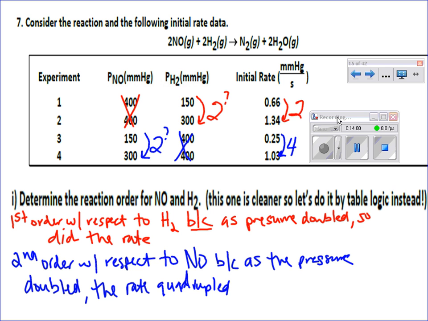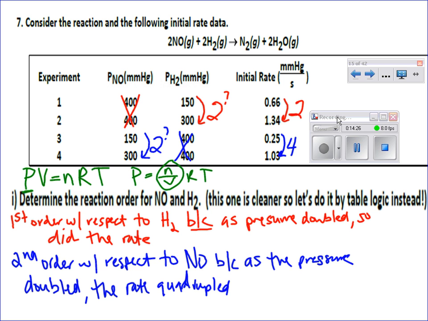Okay, so why are we using pressure here instead of molarity? Well, we've already talked about this a couple times, but if you remember our ideal gas law, if I was looking at pressure by itself and isolating it, I'd be dividing by V. So if we divide each side by V, we get pressure is equal to N over V times RT.